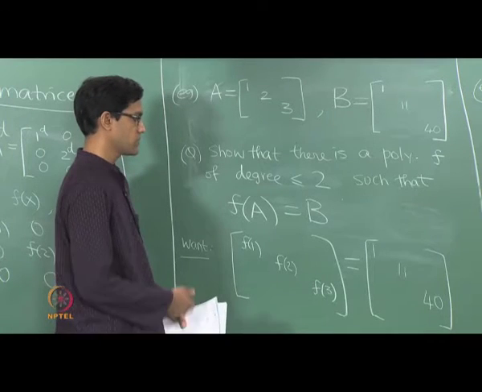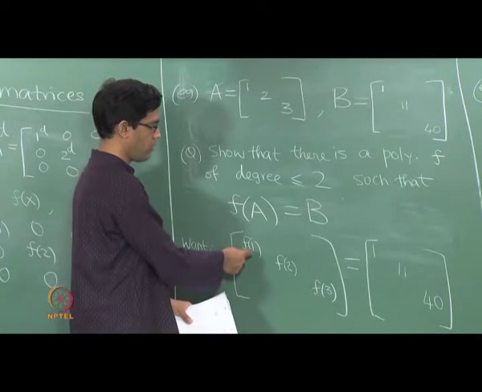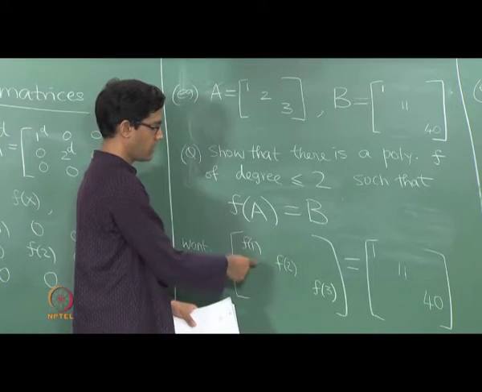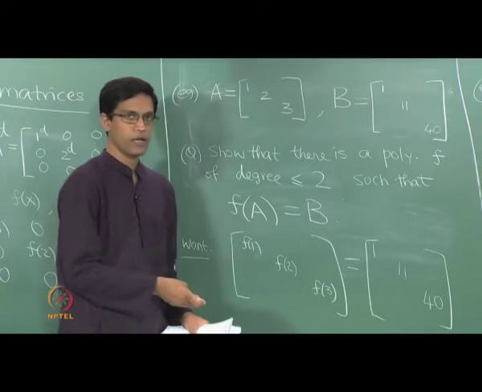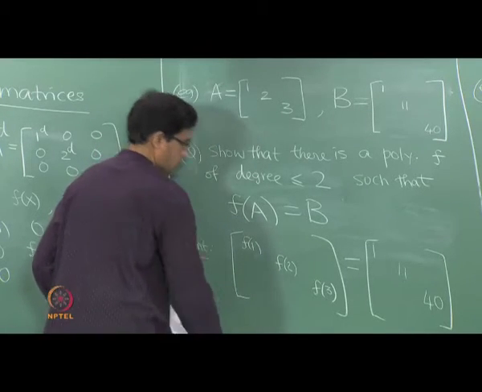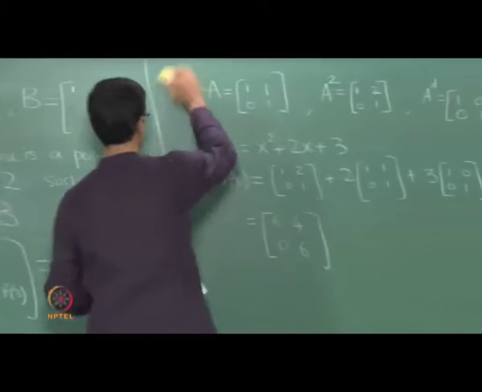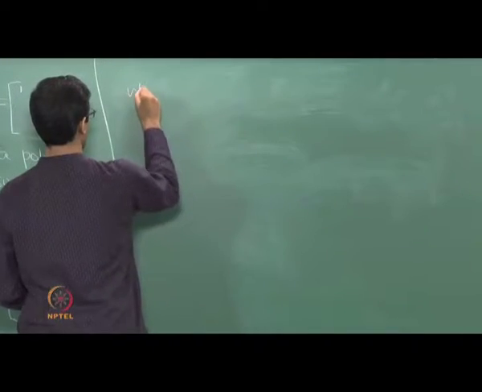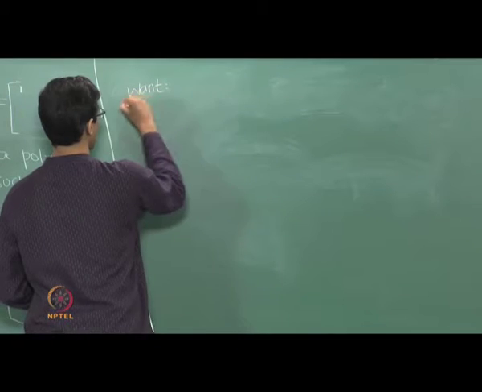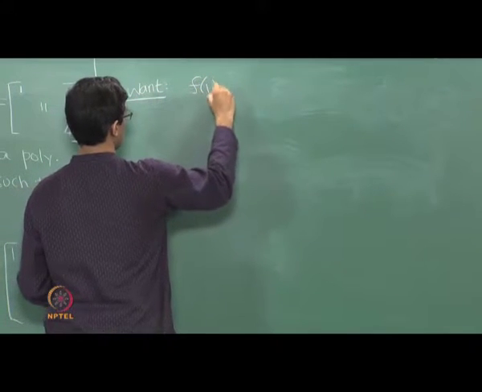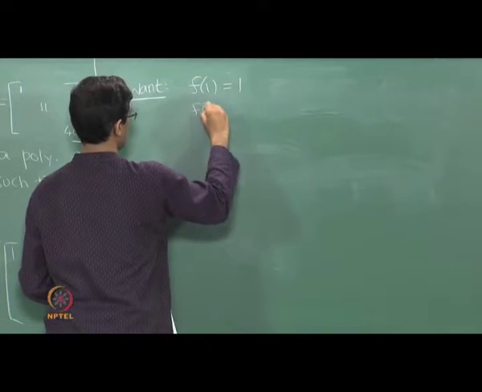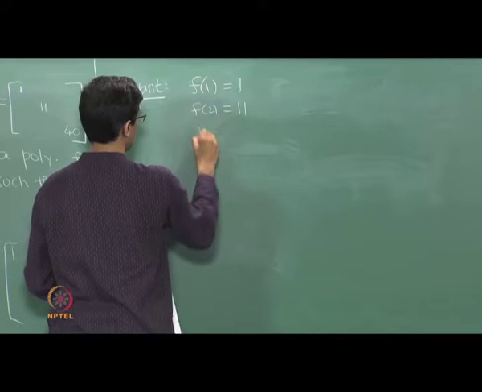In other words, f must be a polynomial whose value at 1, f of 1 must be 1, f of 2 must be 11 and f of 3 must be 40. Okay, so we are just trying to solve the following 3 constraints. In other words, what we want is a polynomial of degree at most 2 which satisfies f of 1 is 1, f of 2 is 11 and f of 3 is 40.